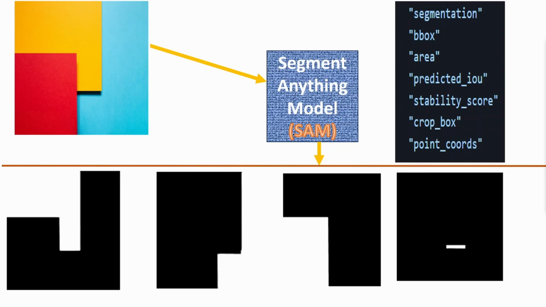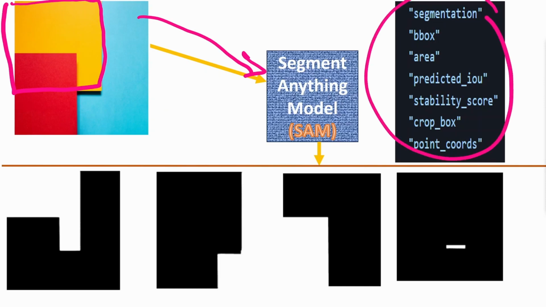Another way is if we send bounding box information and the original image to the SAM model, then SAM will generate masks considering these bounding boxes and return the following result. So if we send this bounding box information and this image, the SAM model will generate only a single mask like this.